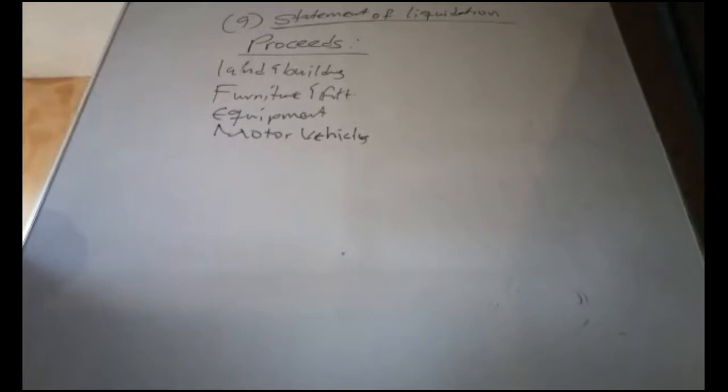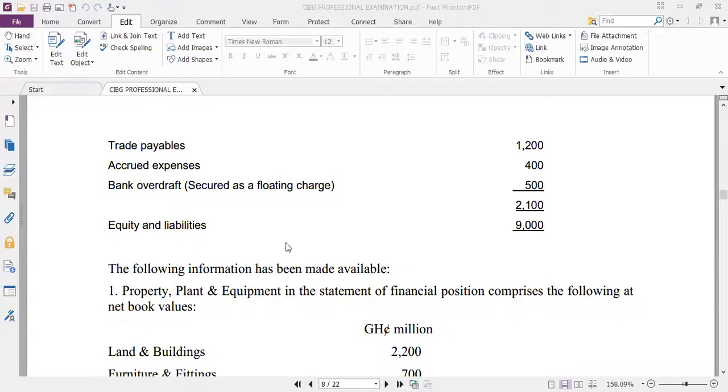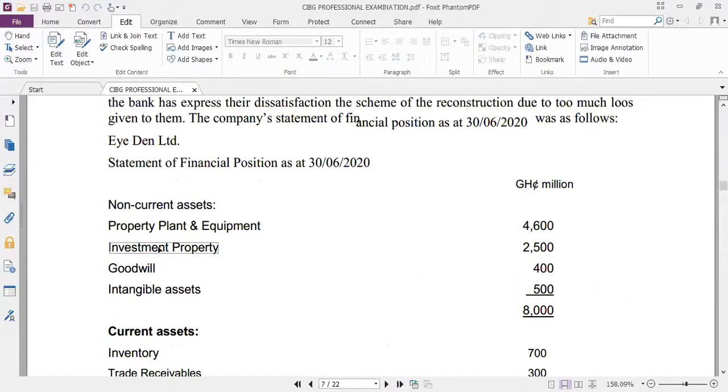Then you go to investment property, just the name without the figure. You list all the assets, so let's continue listing them. On the face of the statement: PPE, investment property, goodwill and intangibles.